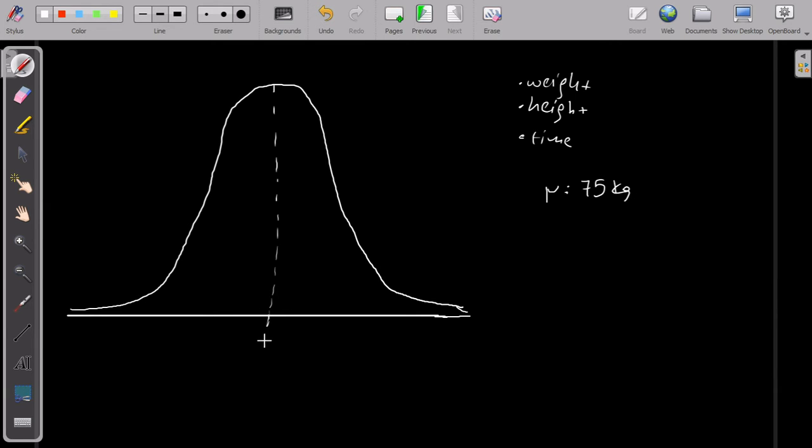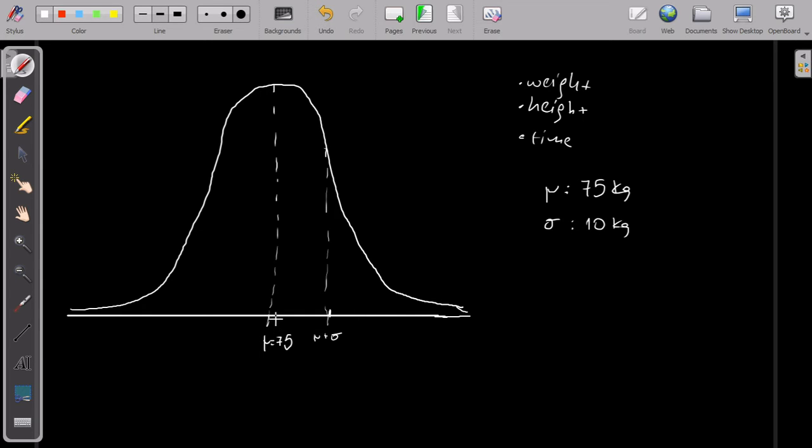So here in my curve I have mu equals 75 kilograms. Now, it is estimated that one standard deviation away from the mean, so basically the mean plus one standard deviation, and in my example the mean is 75 and let's say the standard deviation is 10 kilograms.